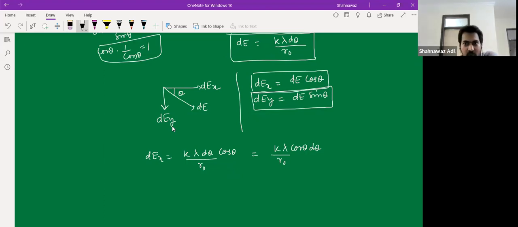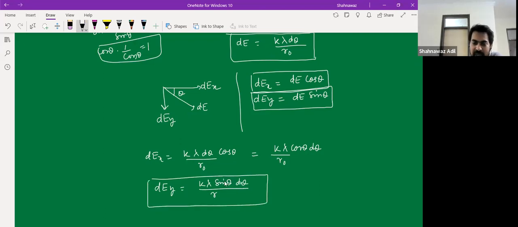Partially you are correct. For some cases it will be 0, but for other cases, no. So let us see that. So dEy again would be k lambda by r naught sin theta d theta.